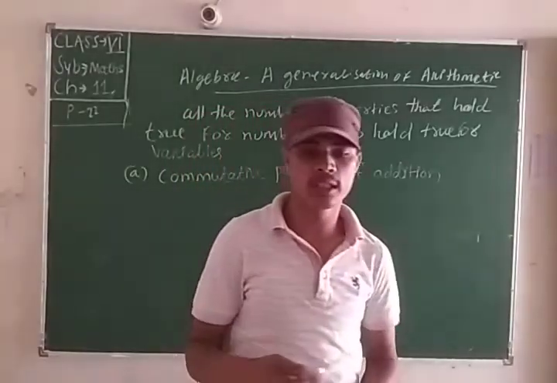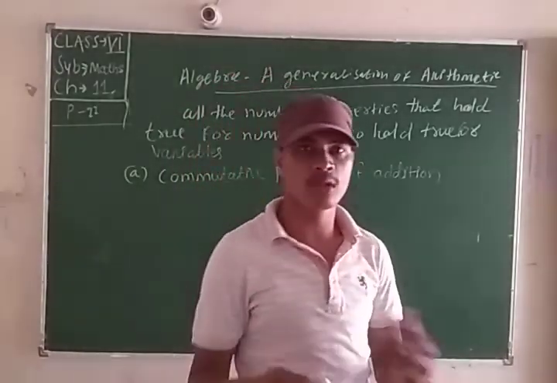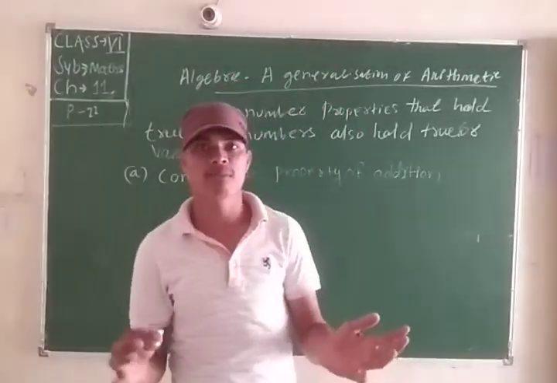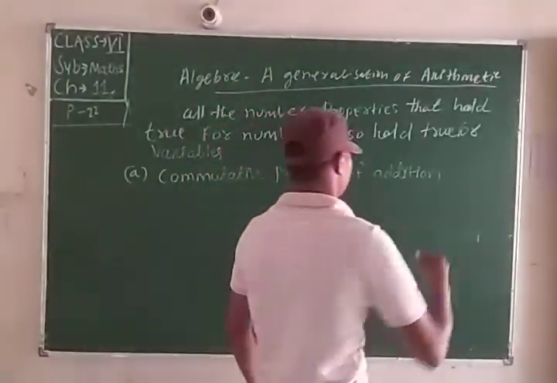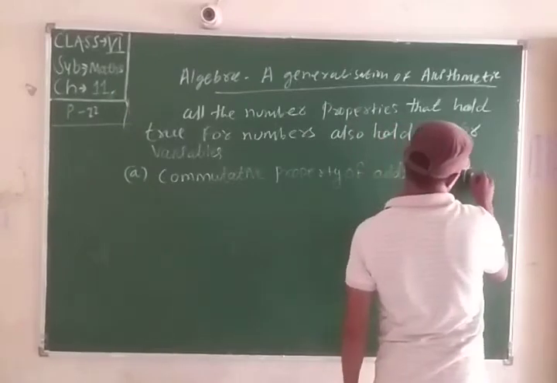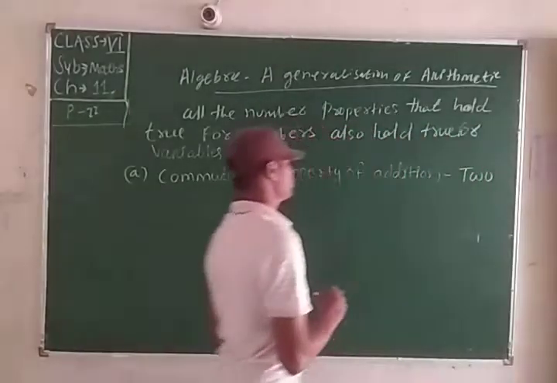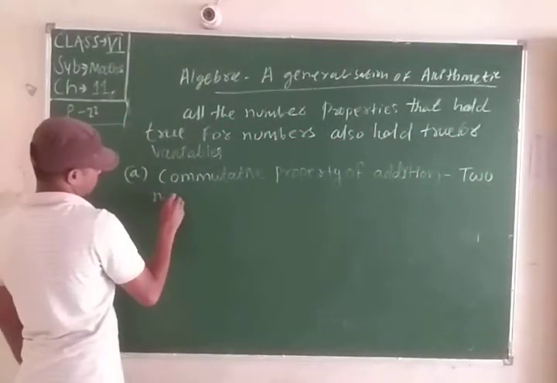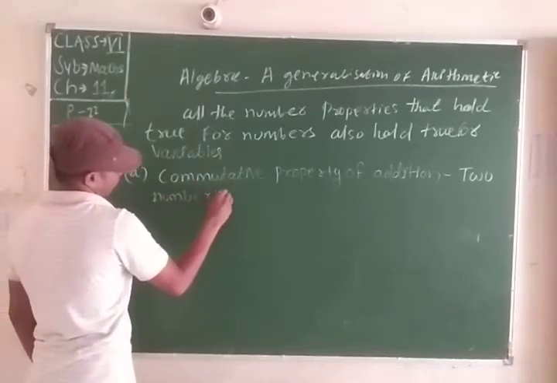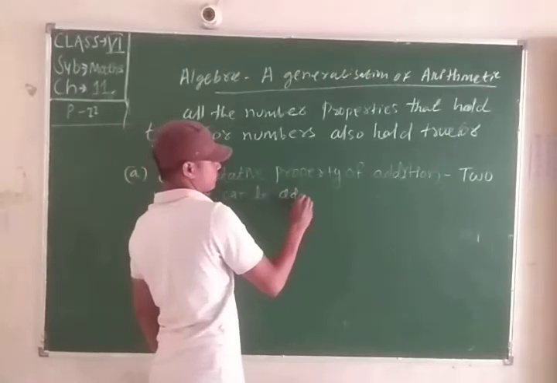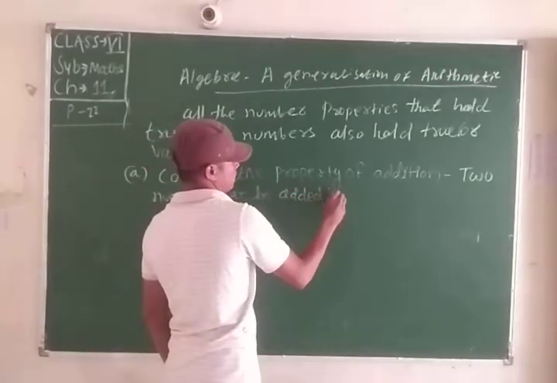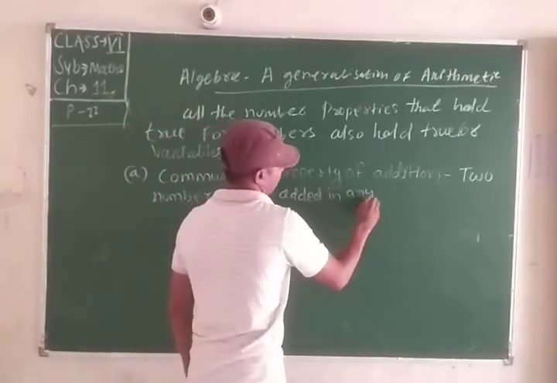If we add any two numbers in any order and the answer is the same, then that is known as the commutative property. That means two numbers can be added in any order.